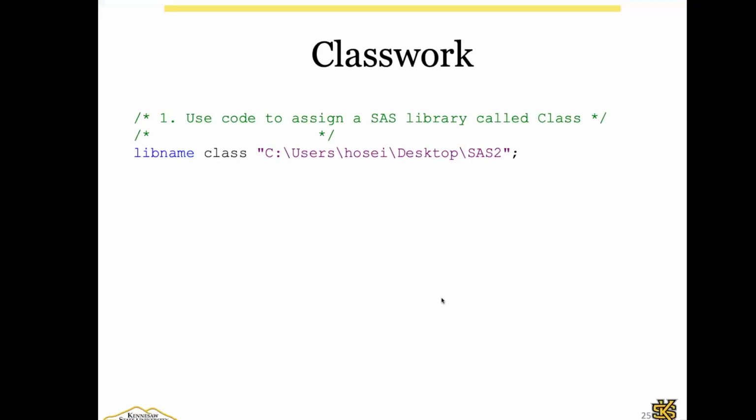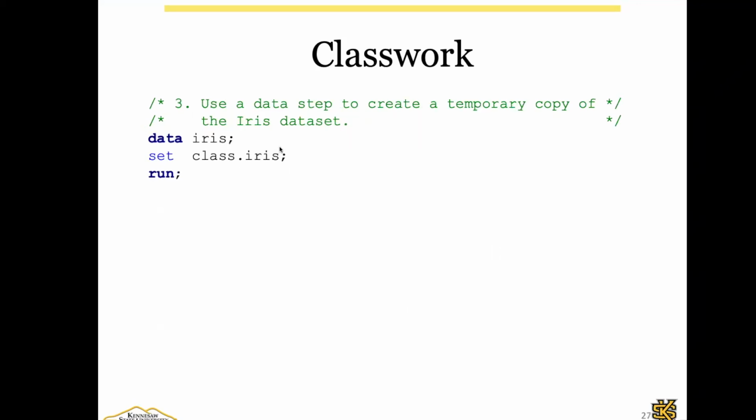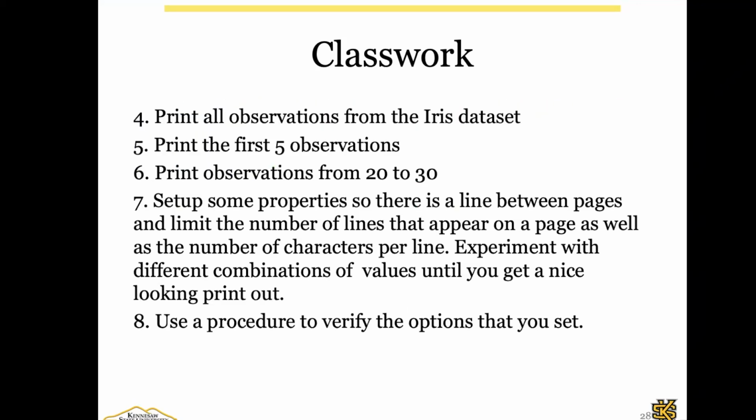Okay, so let's go back to the codes. The syntax are here for the first class work, the second task, and the third task. Now we have four more tasks here. The first one is again print all observations from the iris dataset.